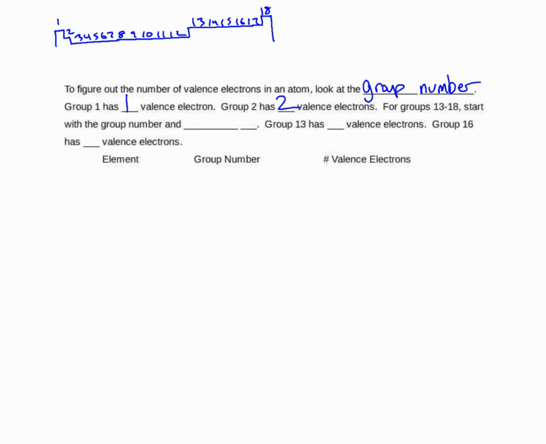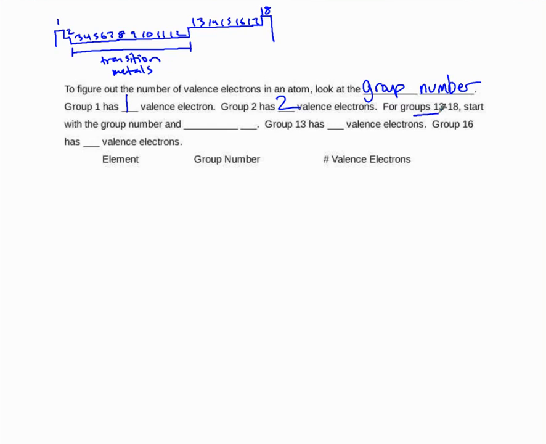If something has 1 valence electron, that's why it was put in group 1. If something has 2 valence electrons, that's why it was put in group 2. All of these elements in groups 3 through 12 are transition metals, and we do not work with them in this class very much because they tend to be inconsistent.